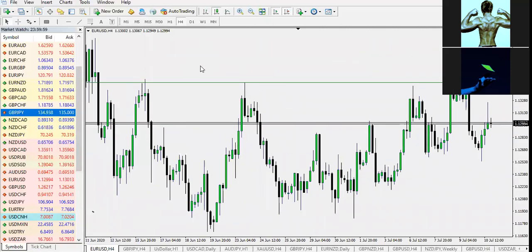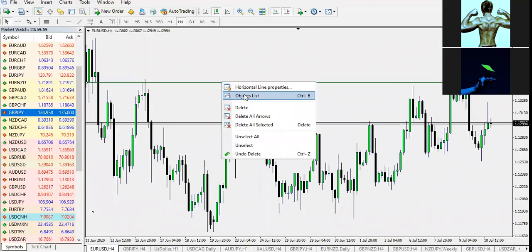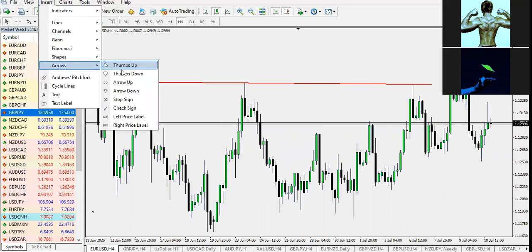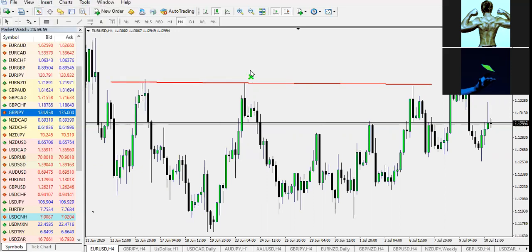So I obviously had a pre-configured mindset that once price had raided these highs, because this was a liquidity pool, with buy stops and stop losses sitting above here, and when price raided through here, then I was expecting a sell.